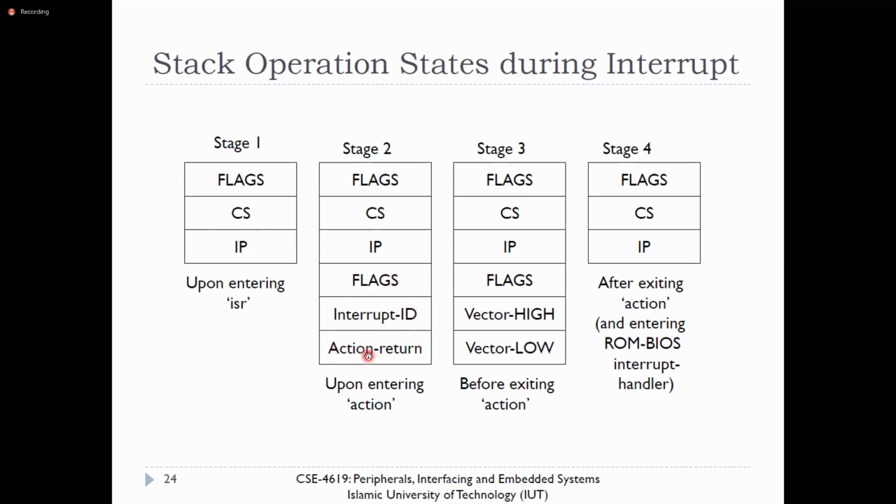Upon entering the action, the system will face a new flag, and the vector high and vector low in terms of memory give the CS value and IP value for that particular interrupt service routine.